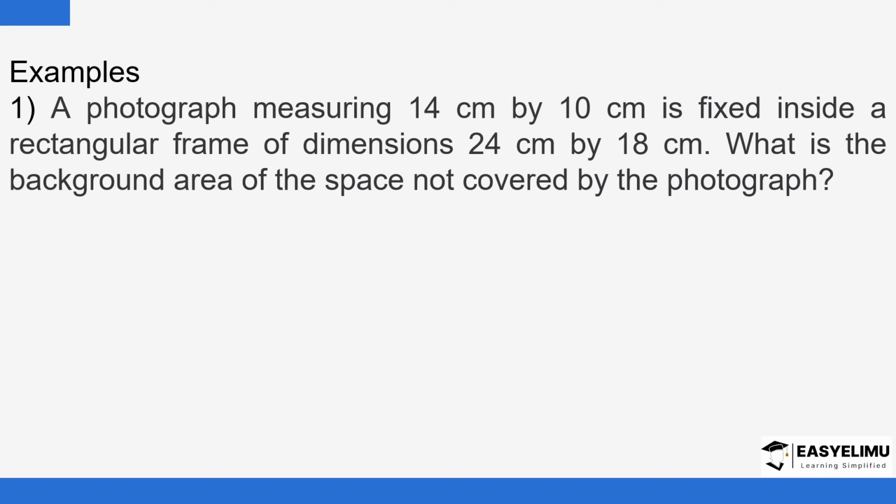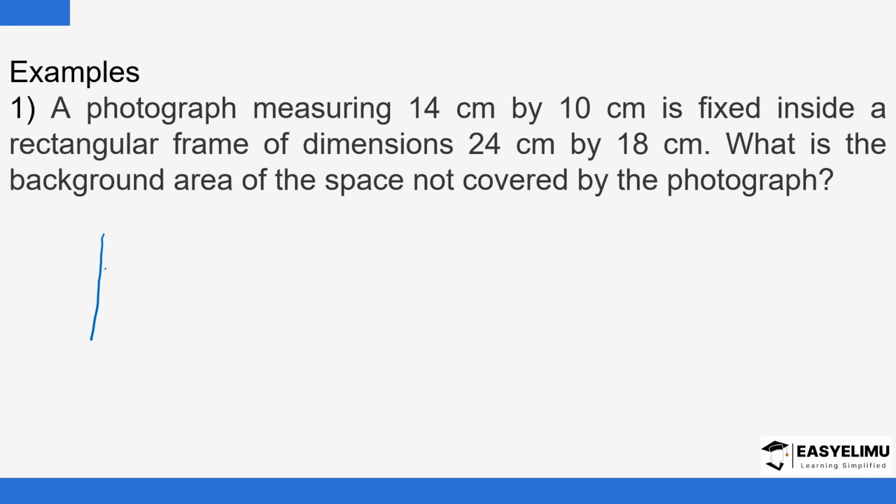Try to sketch a diagram that reflects the information provided in the question. We have two rectangles here: a photograph, which is smaller, and a frame, which is larger and wider compared to the photograph. So you draw the two.